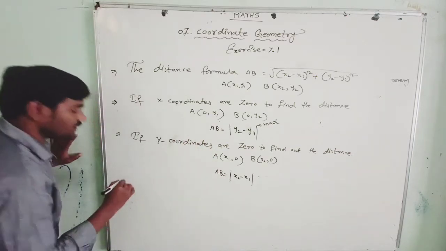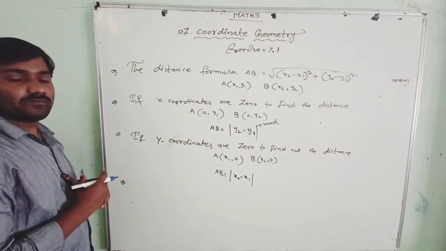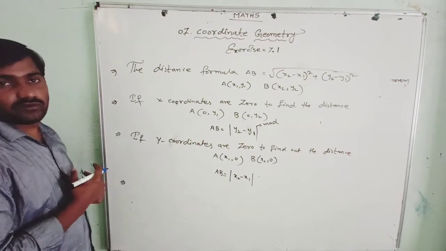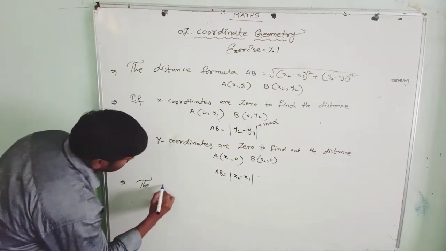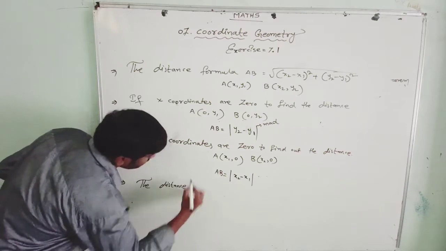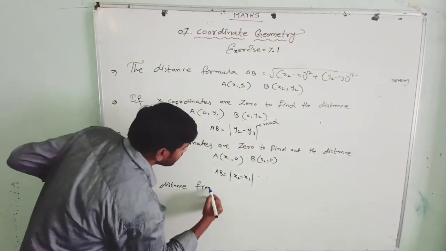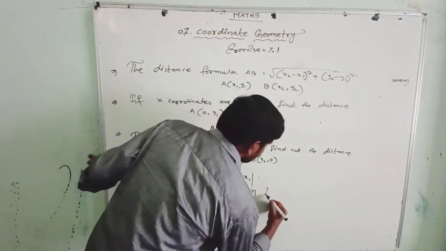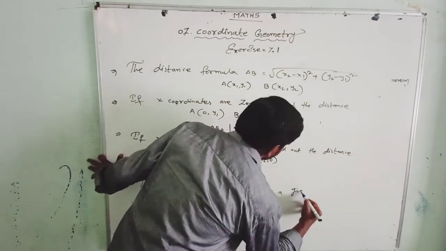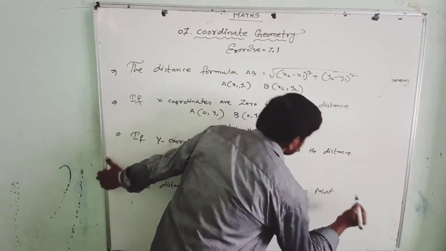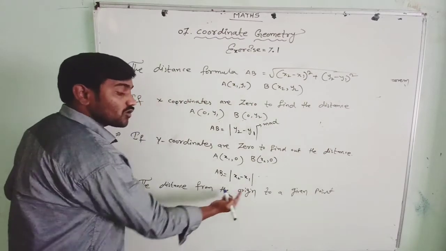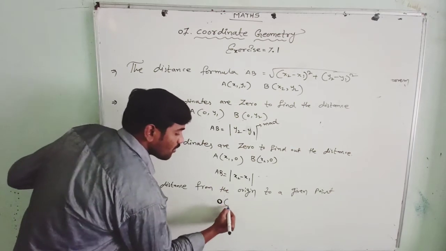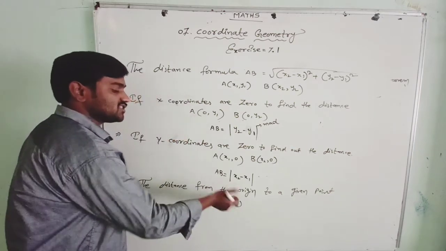Then there is one more formula now: the distance from the origin to a given point. The origin point is always denoted by O (0, 0), that means where the x value is 0 and the y value is 0.